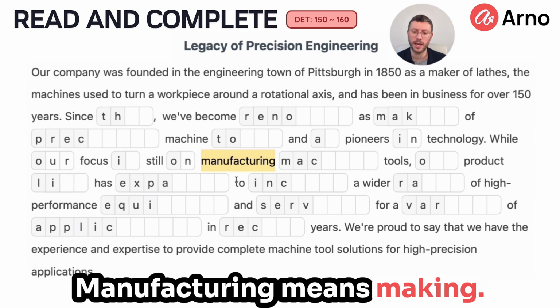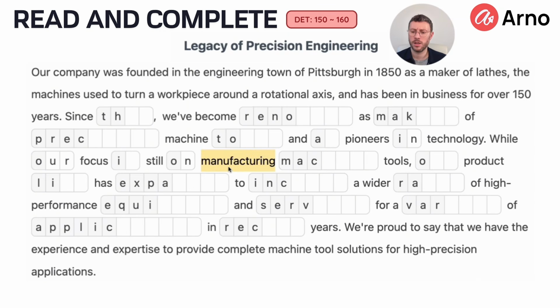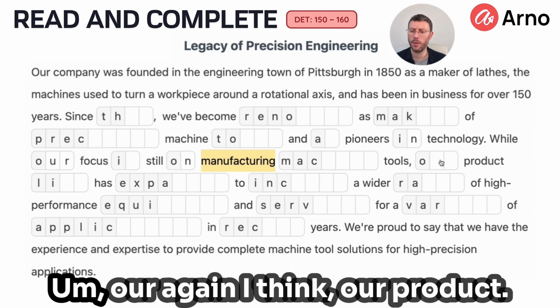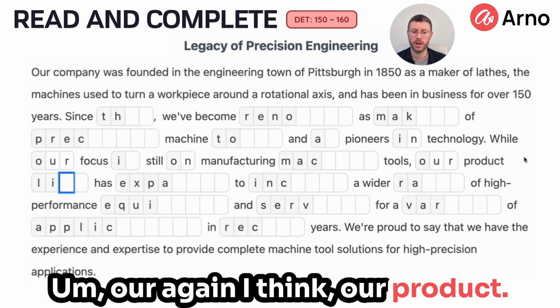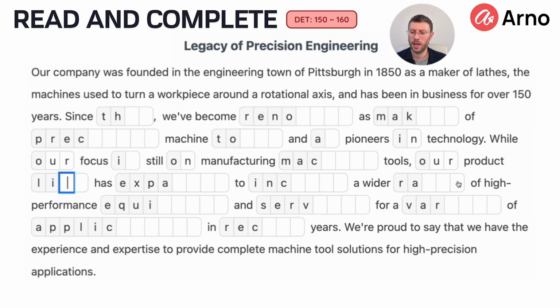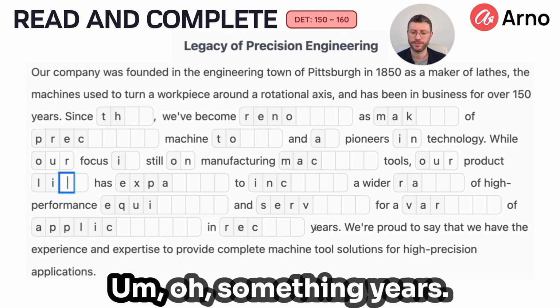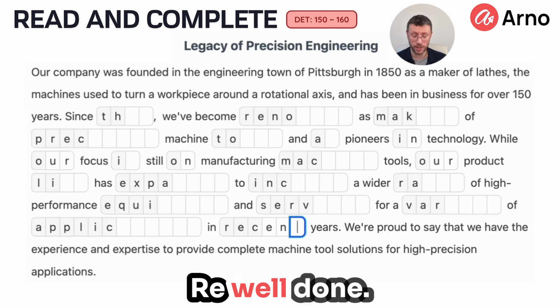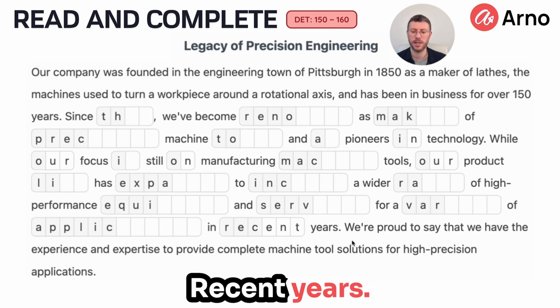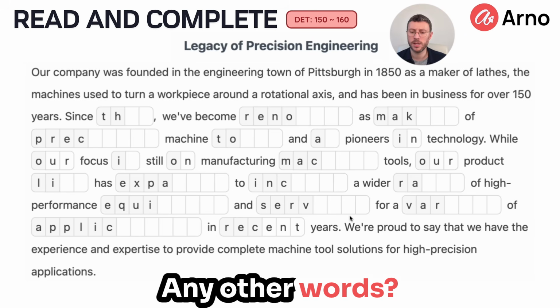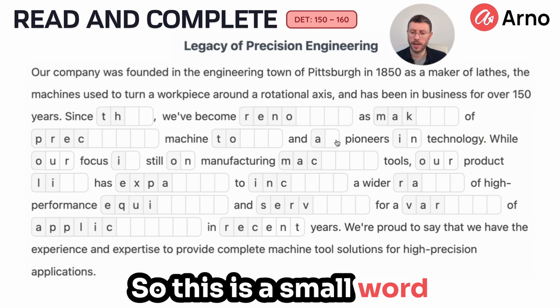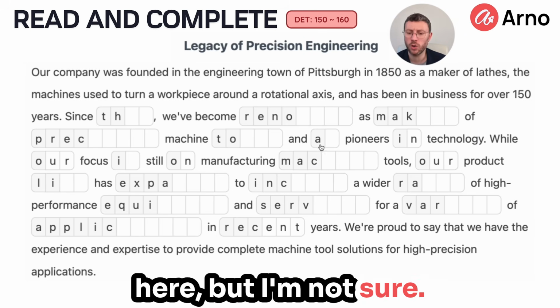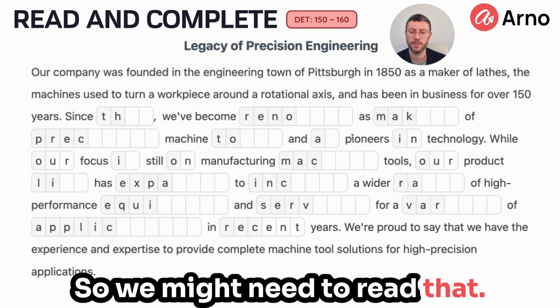Manufacturing means making. Our, I think, our product. Something years. Well done. Recent years. Any other words? So this is a small word here, but I'm not sure, so we might need to read that.